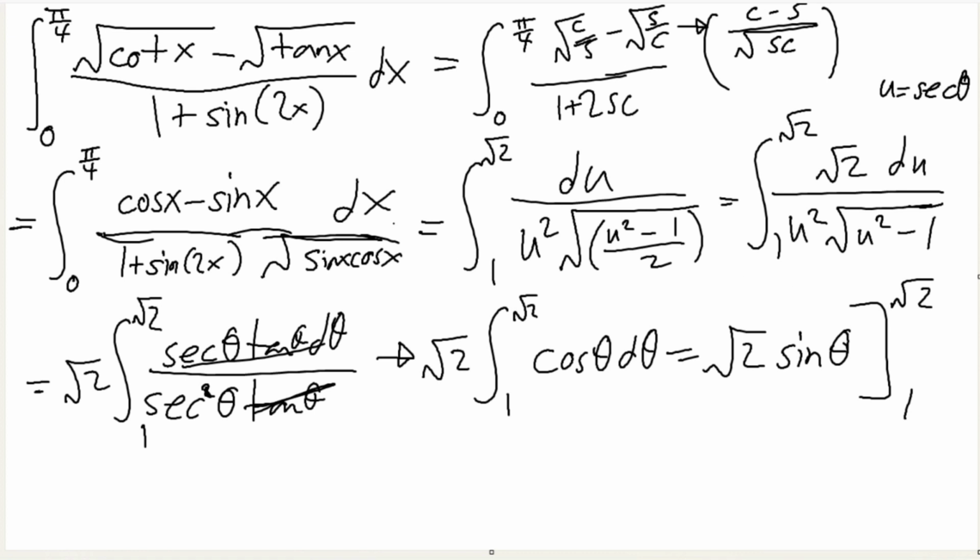I realized, wait a minute. Oh, I forgot to put in my bounds. I was like, wait a minute, something's not right. I forgot to put in my bounds. Okay.